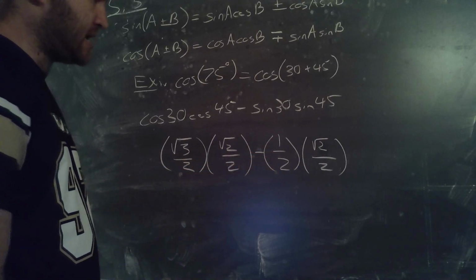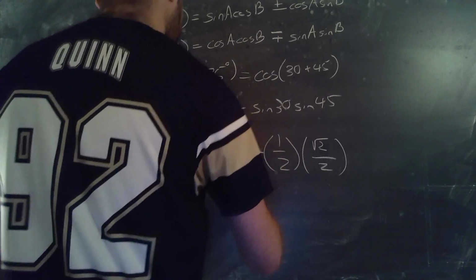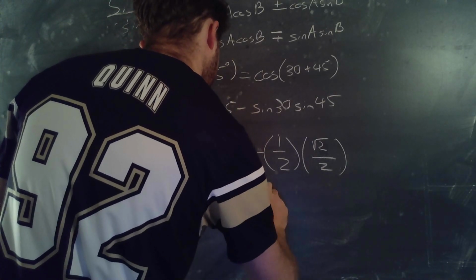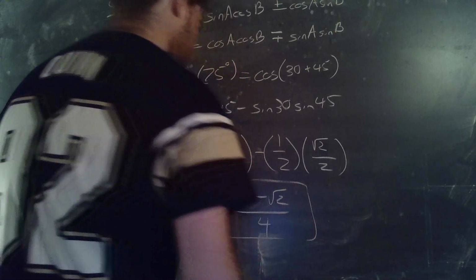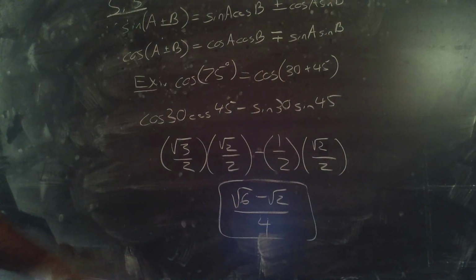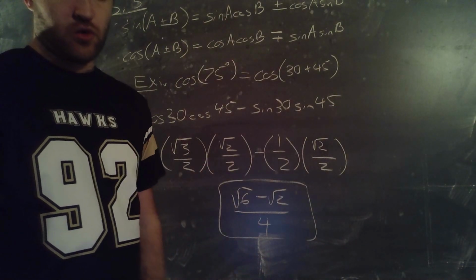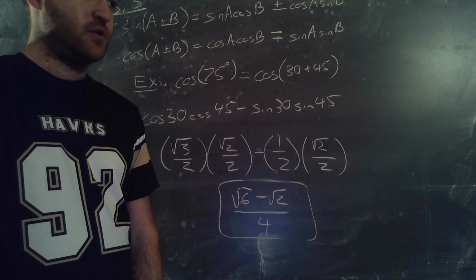And then this will be square root of 2 over 4. So we get that our final value for the cosine of 75 is square root 6 minus square root 2 all over 4, and that's it. And this is a value we wouldn't normally be able to compute because it is not on the unit circle.